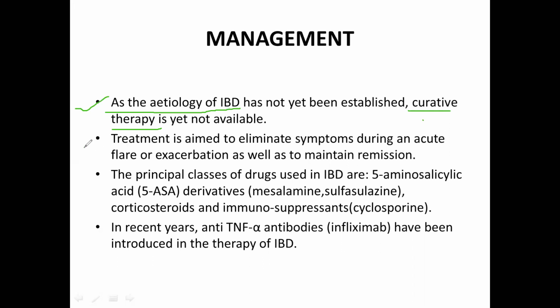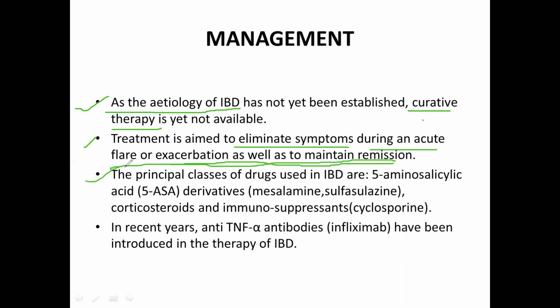So the treatment is aimed at eliminating the symptoms during acute flare or exacerbation, as well as maintaining remission. It means whatever symptoms are present in a patient, we should treat those symptoms, and secondly, we should focus on remission of the disease.